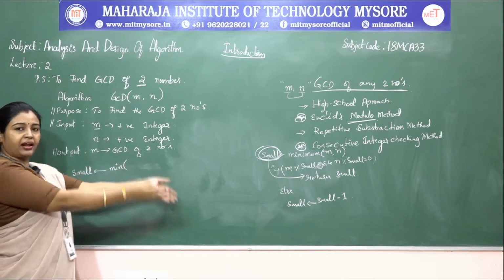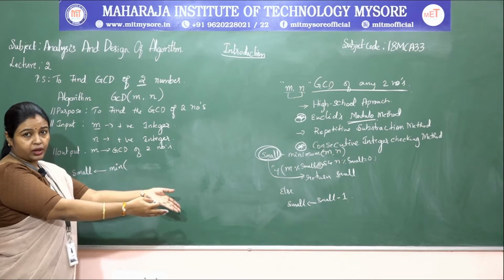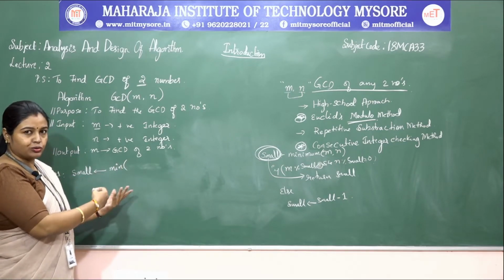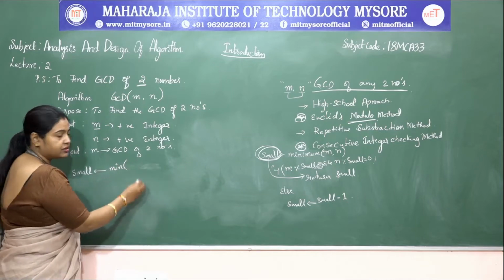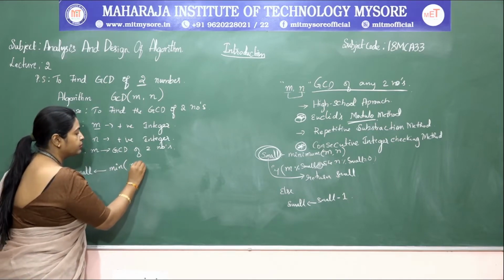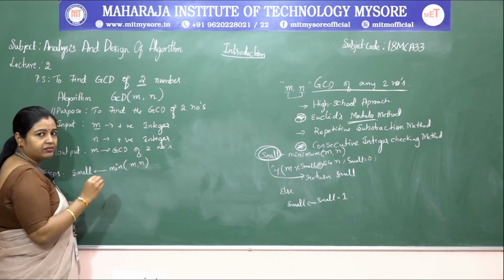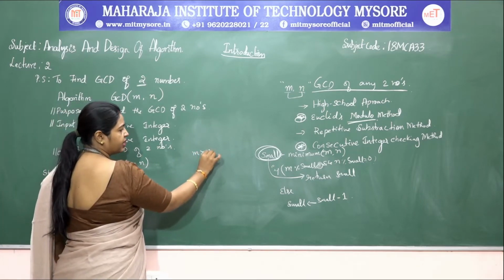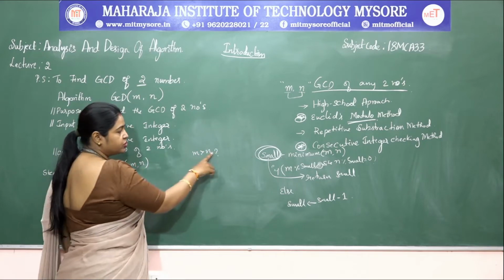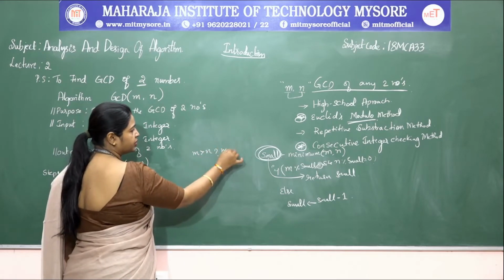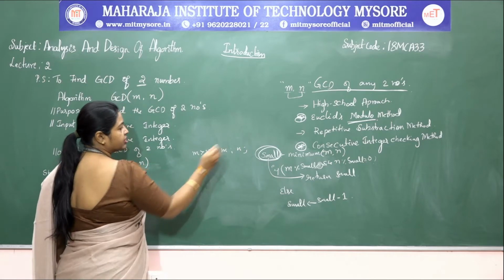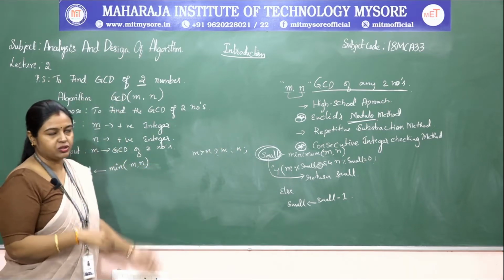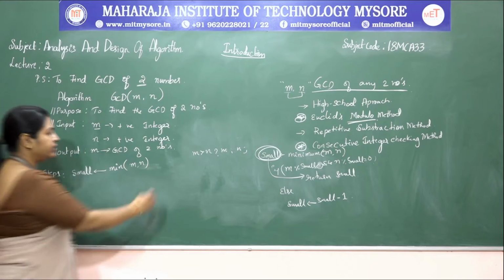For this we could have one more algorithm, but directly I am writing it: the first number m and the second number n are given as input, and it checks whether m is greater than n. If it is true, we return n, otherwise we return m. You can use the ternary operator and return the smallest value. So let it be.